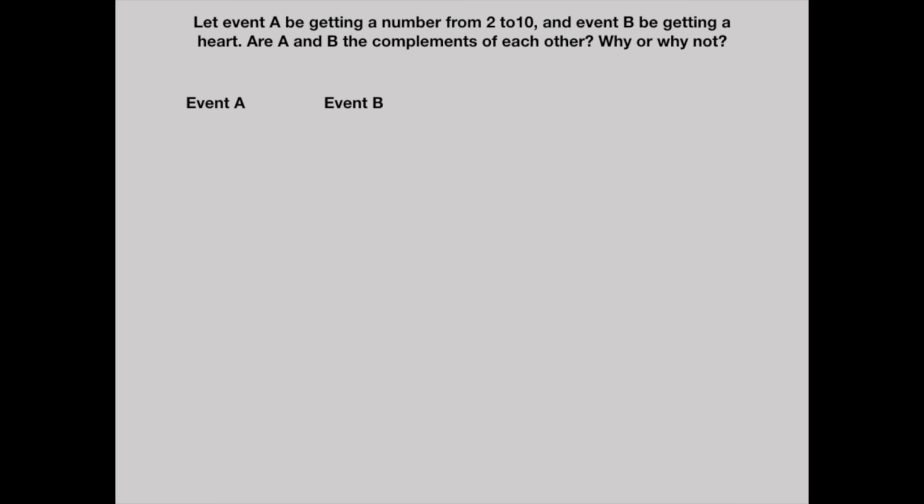Let's look at another example. Let A be the event of getting a number from 2 to 10, and B be the event of getting a heart of any card. The question is, are A and B the complements of each other? Why not? If you look at event A and event B, and I pick an example, 5 of hearts. 5 of hearts belongs to event A because it's a number from 2 to 10.